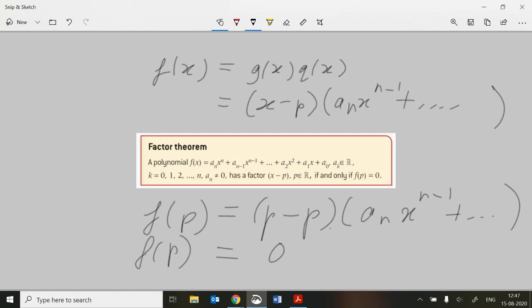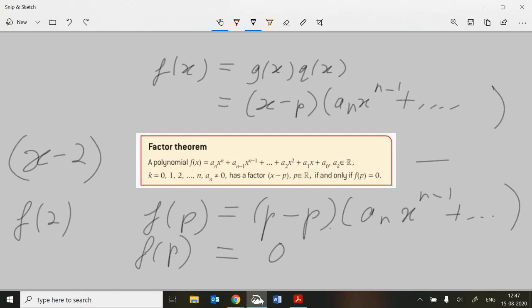Okay, so it's saying, essentially, if there is a factor of x minus p, then when we put p in, so let's think about that. If we had a factor of x minus 2, when we put 2 into this original function, you get a 0. It's true the other way around as well, which is why they say if and only if.